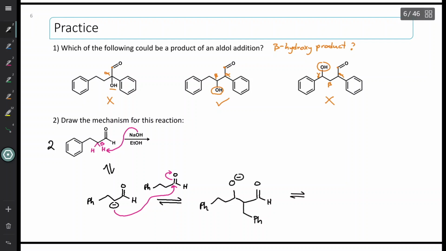Now I can quench, and in this case I'm quenching with ethanol. That's the solvent that's here. It's not aqueous. Remember, nucleophile attacks electrophile. And then my final product is the beta hydroxy. Here is that new CC bond.